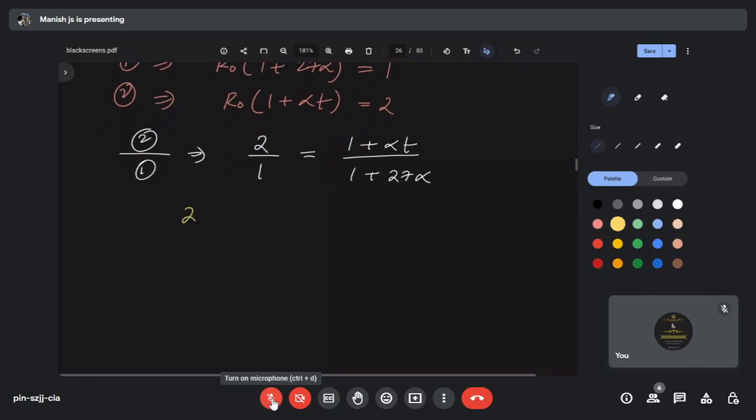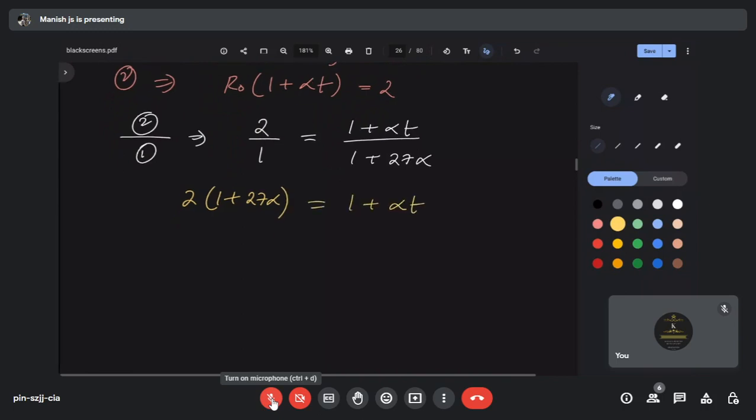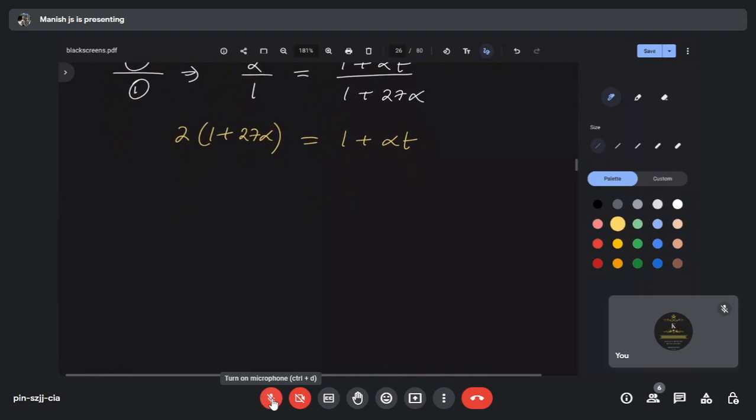So what do you get? 2 times 1 plus 27 alpha is equal to 1 plus alpha T. So what is T here? When you rearrange, T equals 2 into 1 plus 27 alpha, 27 times 2 is 54, I suppose, minus 1, the whole divided by alpha.